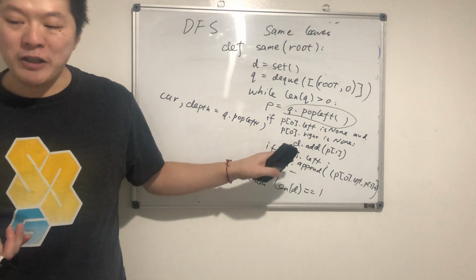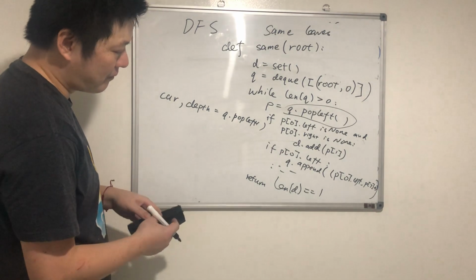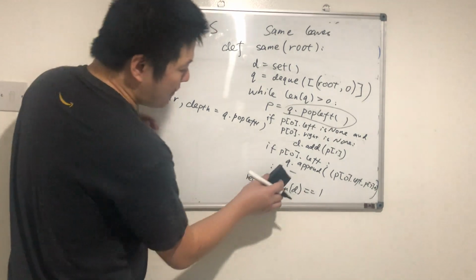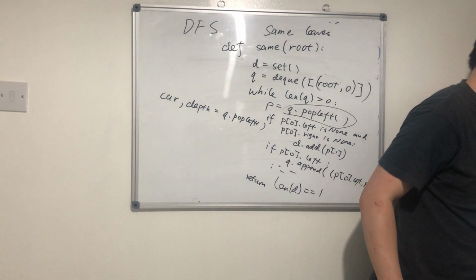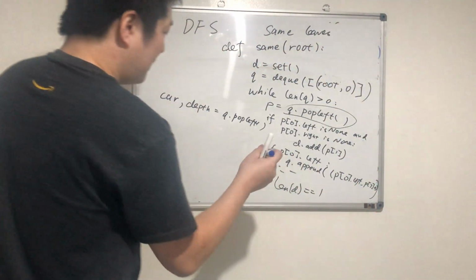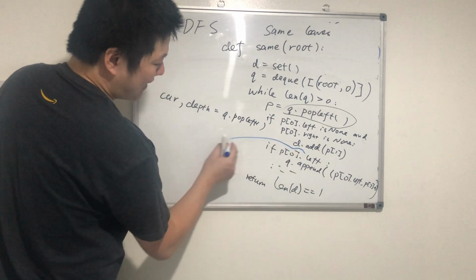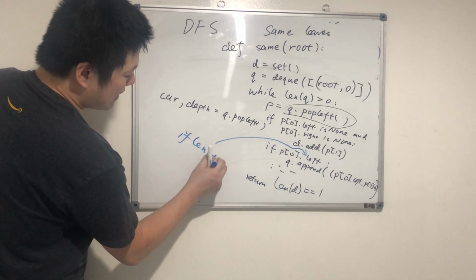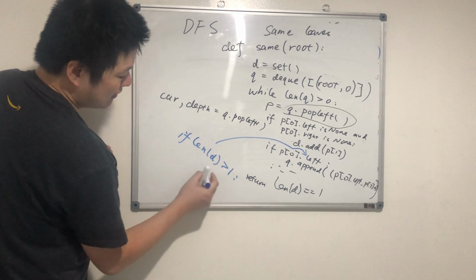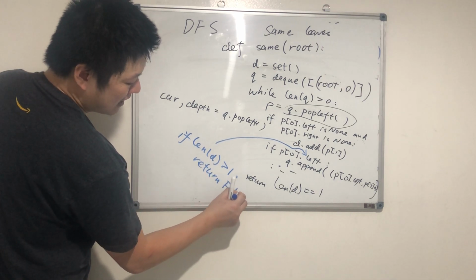So can we check the length of D? If I added something here, after D dot add, if I said if length of D is bigger than 1, return false. Can I do it?